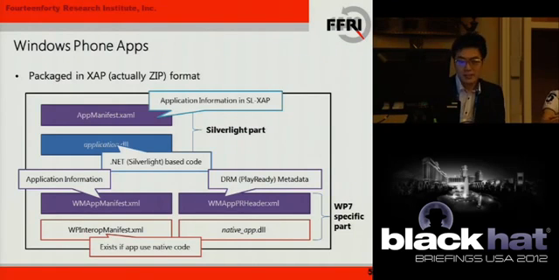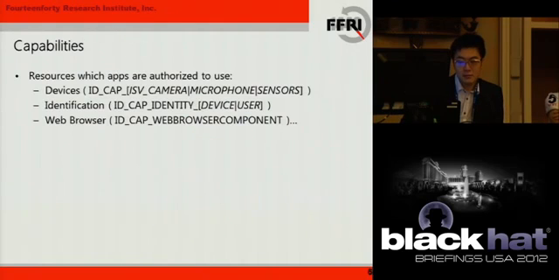Well, let's look at the security. The Windows Phone 7 manifest declares capabilities which determine the resources authorized for use. This is similar to Android's permission system. There are many capabilities indicating device features such as camera, microphone, sensors, and user or device identification.